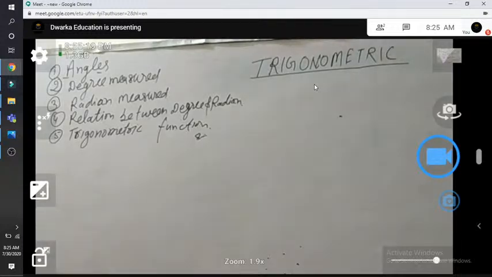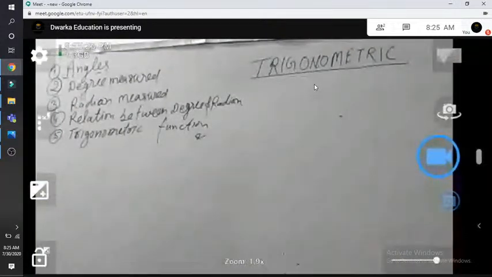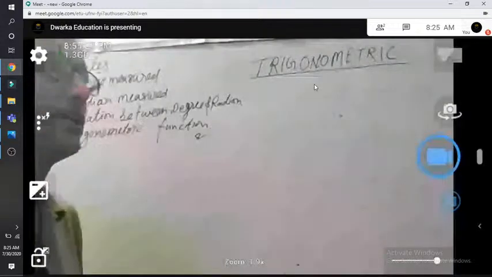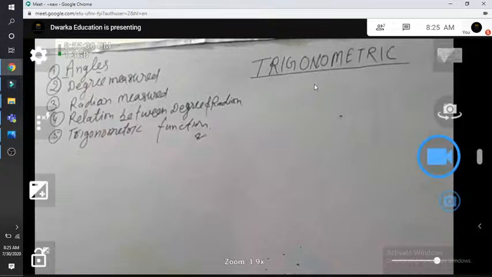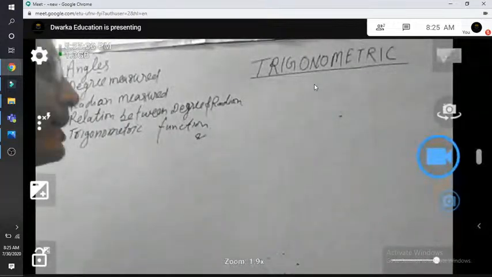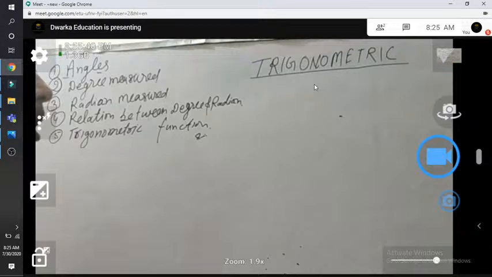Some values are fixed, for example 0 degree, 30 degree, 45 degree, 60 degree, and 90 degree. These values we have learned, but the other values we can find out using the logarithm table, and we can find all values of minor angles.